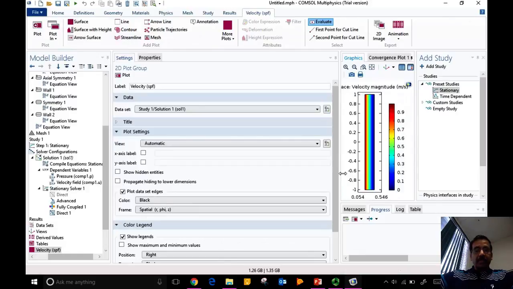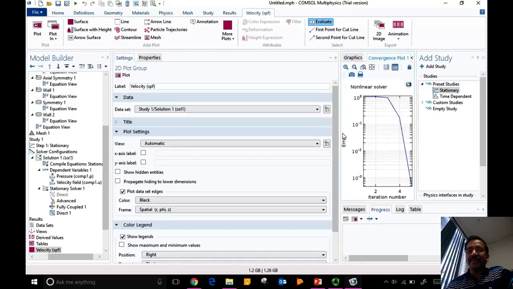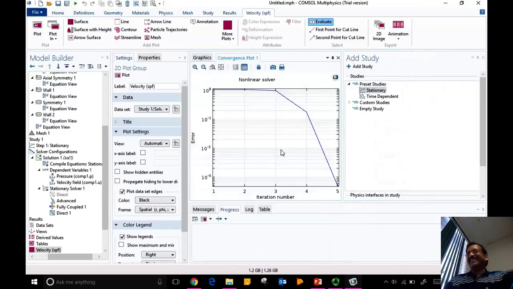But yeah, so when I increase the tolerance, it deemed as convergent, right? And I have the result, which is a convergent result. Can you check the convergence plot once? Convergence plot, 10 to the minus 3, right?